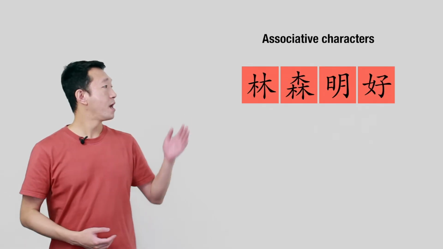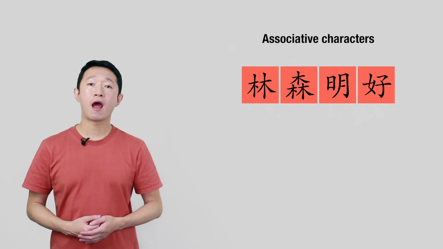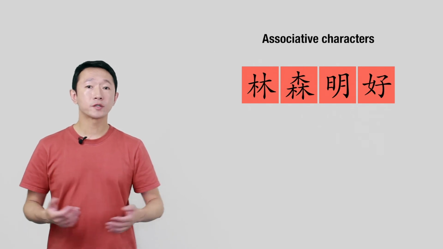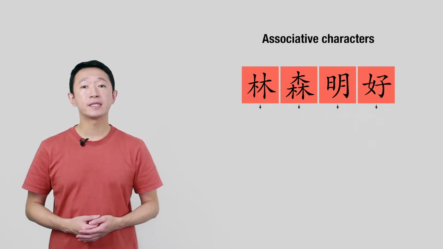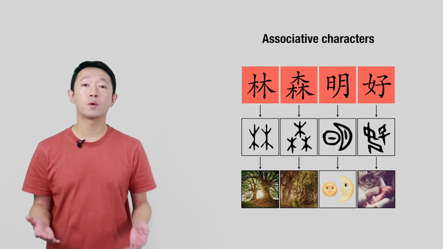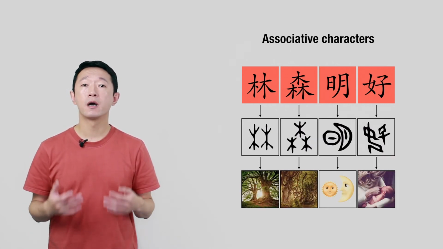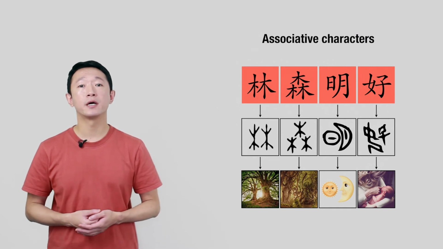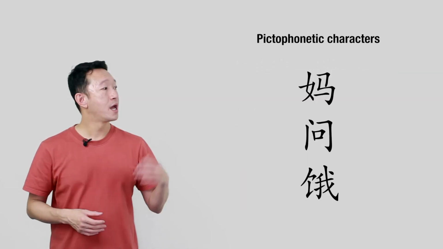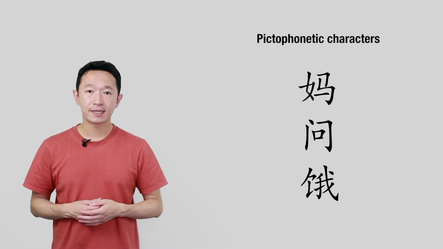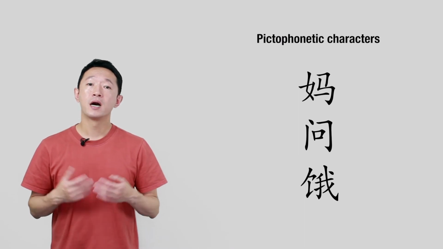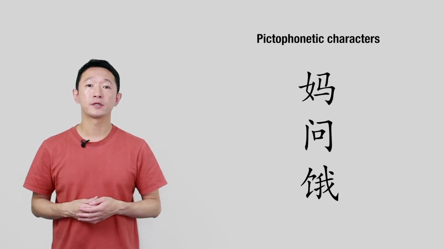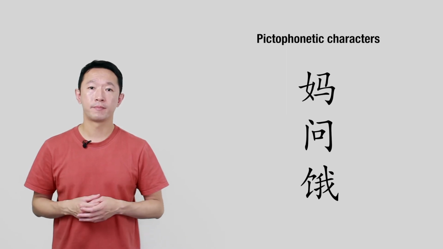These are associative characters. Associative characters were created by combining two or more pictographic or indicative characters together to express a new meaning. These are pictophonetic characters. A pictophonetic character really has two parts.